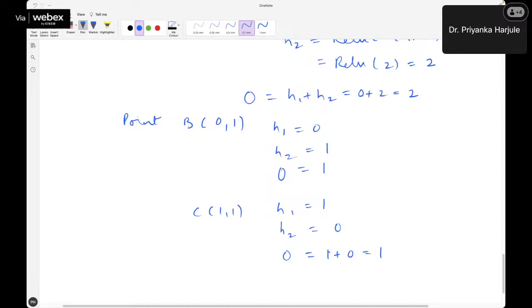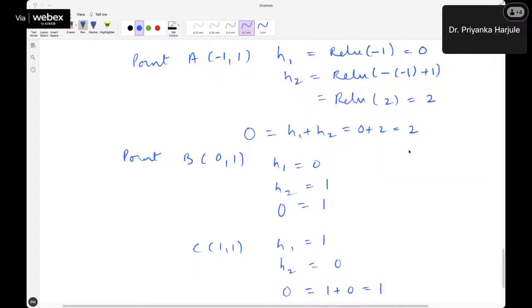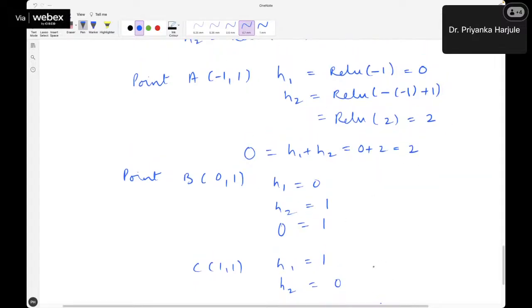So this is how you can now clearly separate it linearly. With these outputs, you can separate it linearly.